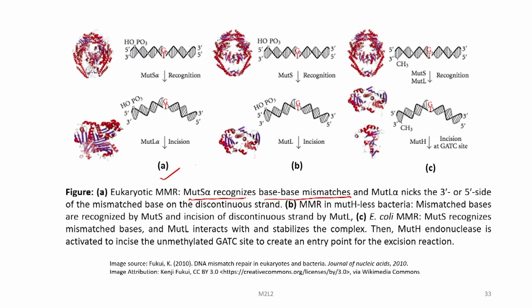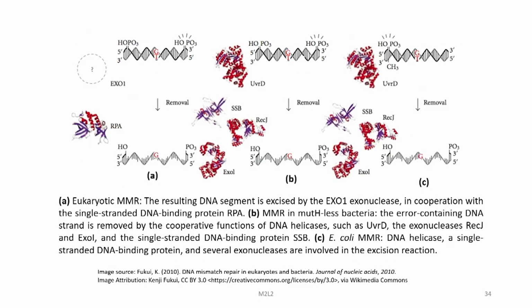In figure C, we can see the E. coli MMR. MutS recognizes mismatched bases and MutL interacts with and stabilizes the complex. Then MutH endonuclease is activated to incise the unmethylated GATC site to create an entry point for the excision reaction. Let us now examine the reaction in eukaryotes as well as in E. coli.